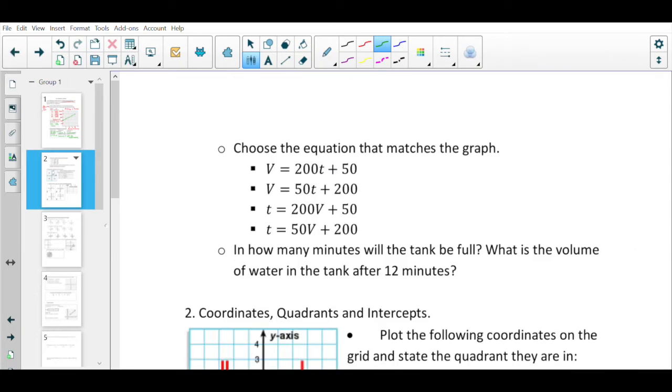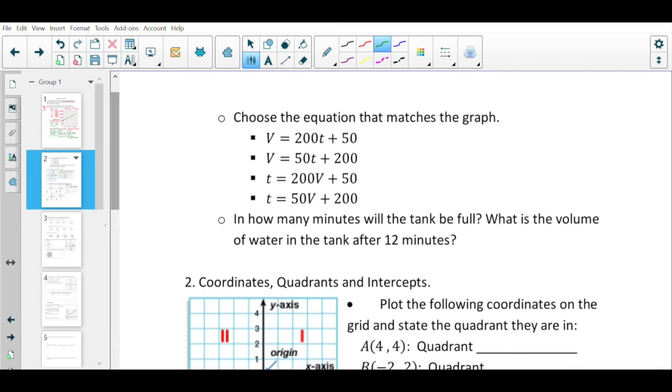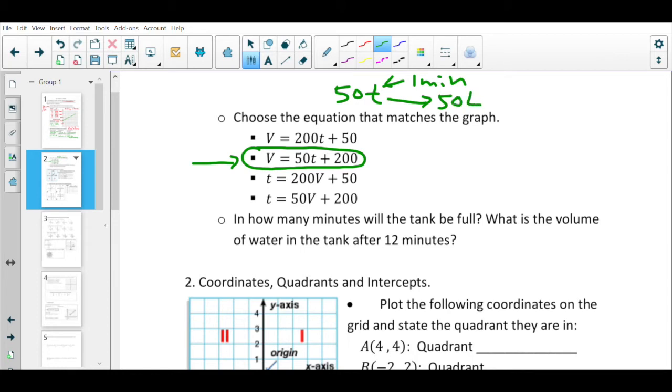Next part. Choose the equation that matches the graph. I'm going to say it's this one because 50T is your amount that is being added to the tank every minute. So if that's 1 minute, you end up filling the tank with 50 liters every minute.